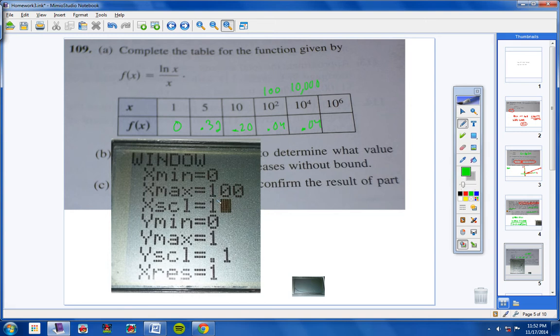And then I went ahead and put my X scale back to 1, 0 to 100, X scale of 1, and then I went ahead and made my Y scale 0.1, because look, guys, my minimum is 0 for my Y, and my maximum for my Y is 1. So I want to have a little bit of space there, so I put 0.1 would be my tick marks for my y-axis, okay?